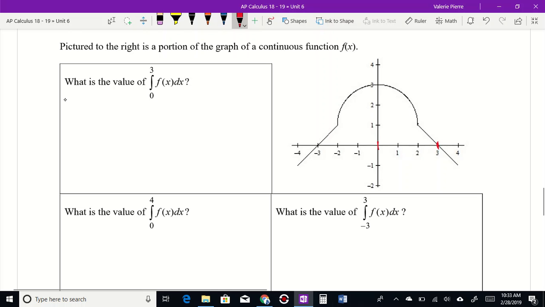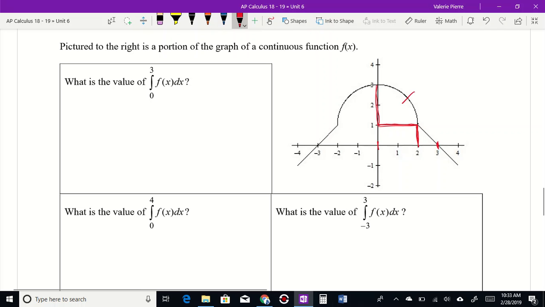So we would need to know the area of this space here. It seems to be a quarter of a circle and a trapezoid, or you could look at it as a square, a rectangle, and a triangle. Right? So if we look at this closely, we have the area of this quarter circle.